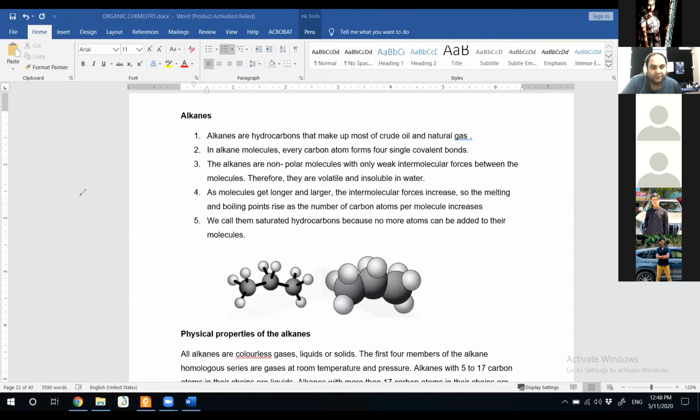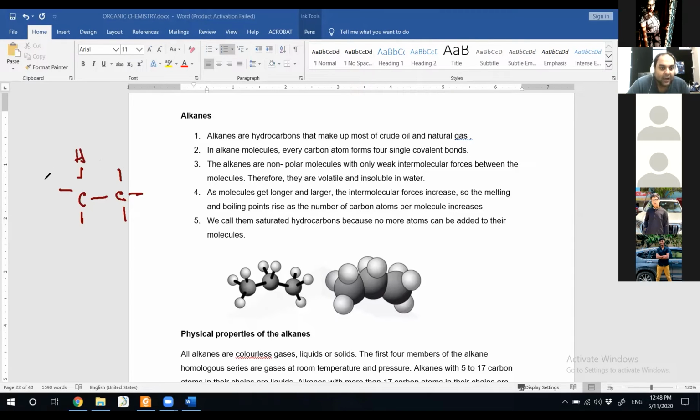So we know that each carbon can bond to up to 4 other atoms, or it can give rise to 4 bonds with 4 other atoms.